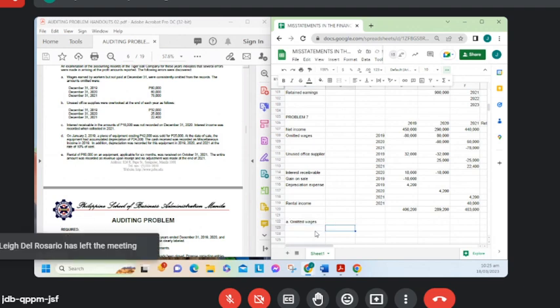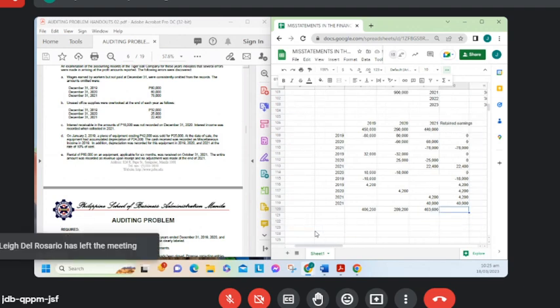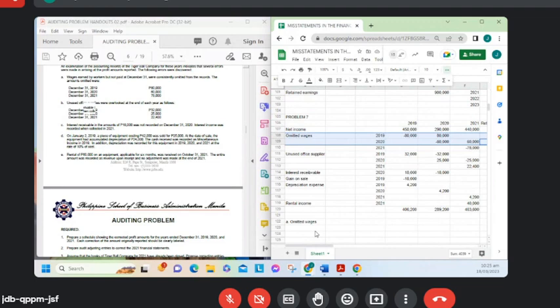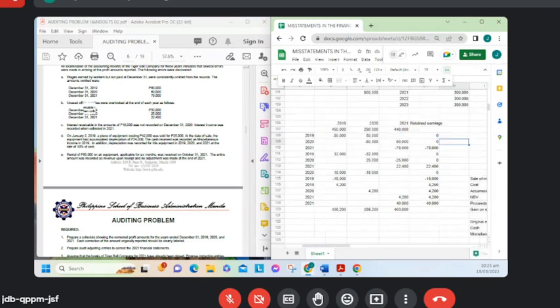So the entry for that to correct it is ito na lang, no? Kasi nag-counterbalance na tong 2019. So we'll have this adjustment from 2020 and 2021.